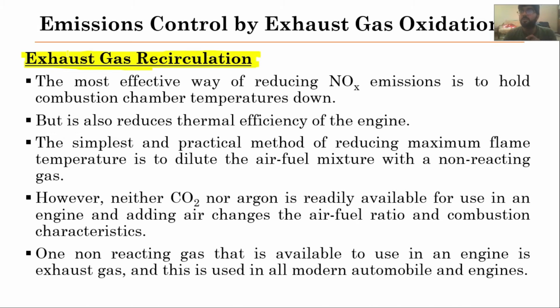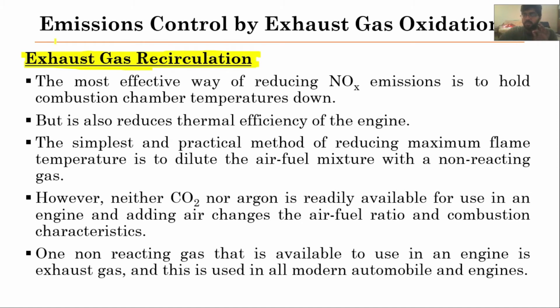So this is how the exhaust gas recirculation system operates, and this is the purpose of using it. Because of this phenomenon, we will have some reduction in the thermal efficiency as well, but it is one of the simplest and most practical methods employed to reduce the maximum flame temperatures.